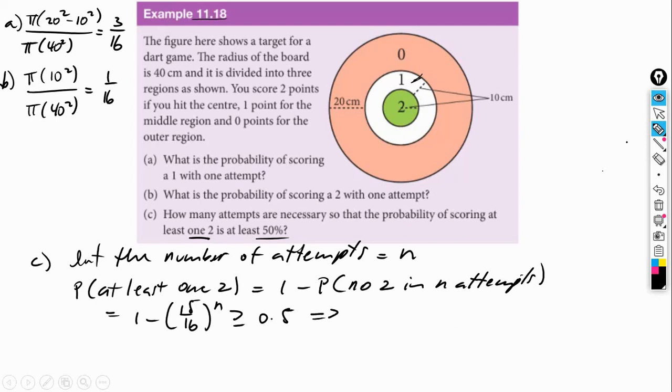So notice that this implies that 15 over 16 to the power of n would have to be less than or equal to 50%. Why? Well, because notice that we are subtracting it from 1. So this is what we have to solve, and we use logarithms for this. So notice that this is the same as saying n times the natural logarithm of 15 over 16 less than or equal to the natural logarithm of 0.5.